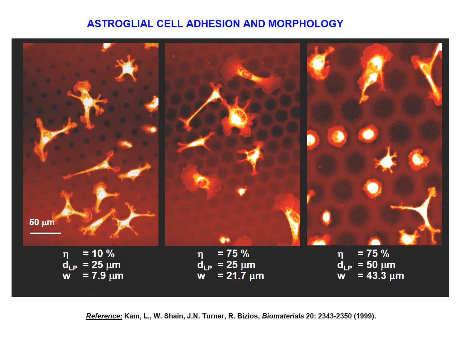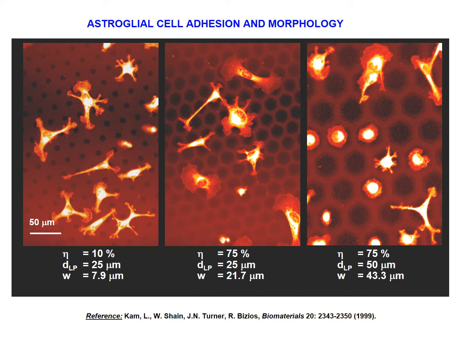This slide shows representative results regarding cell adhesion and morphology when astroglial cells are interacting with the hexagonal micropattern surfaces. The parameter of interest in this study is the dimension of the center of the hexagonal patterns, which was of course chemically modified with the adhesive protein.